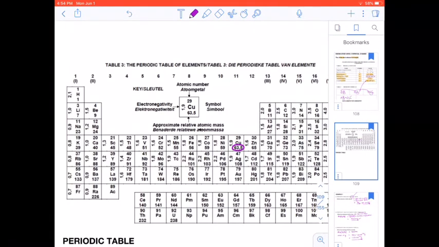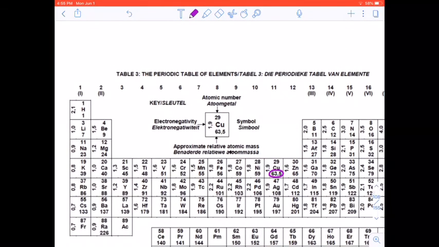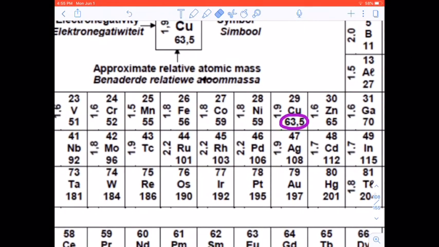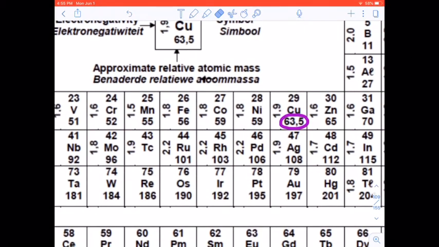There we go, and let's look at mercury. Let's see mercury, right? If you look at mercury here, mercury has an atomic mass of 201. Right, and it has been rounded off. Normally it's 200.75 or whatever, but here it has been rounded off for us.